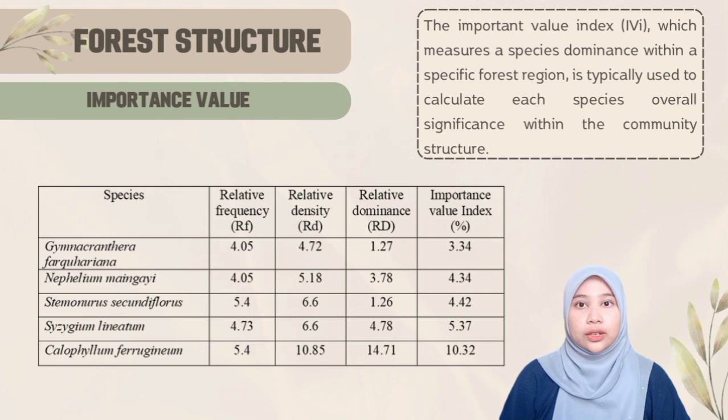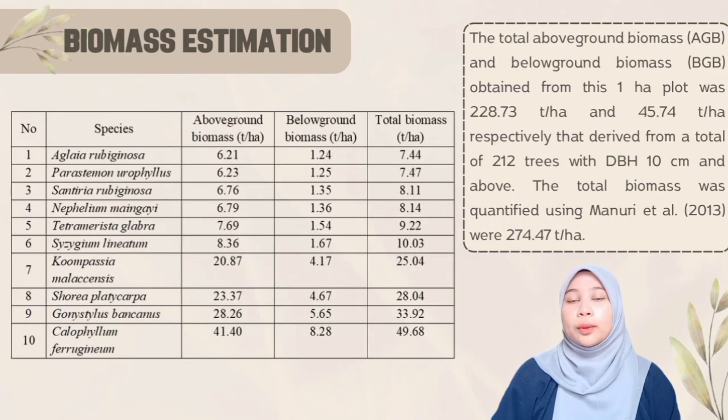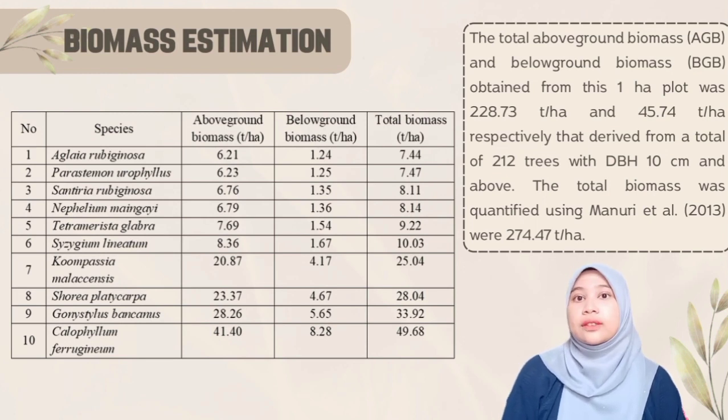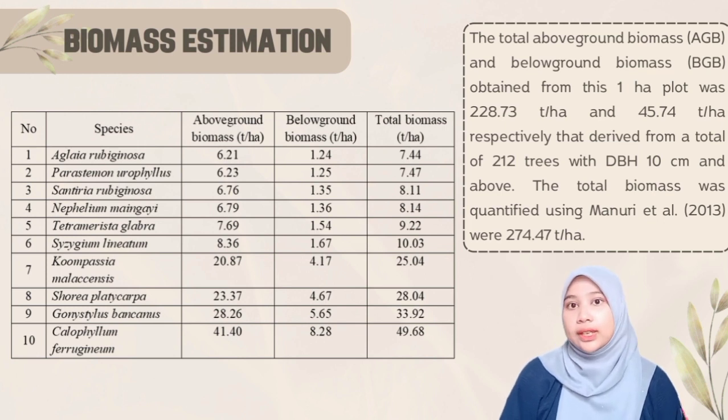Next, the important value index, which measures a species dominance within the community structure. In this study, Calophyllum pharyngianum had the highest species IVI that have the value of 10.32%. The total above ground biomass and below ground biomass obtained from this 1 hectare plot was 228.73 ton per hectare and 45.47 ton per hectare, respectively, that derived from a total of 212 trees.